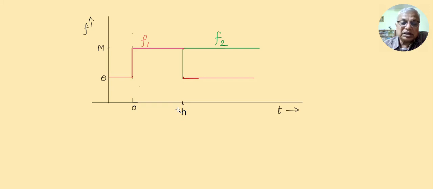After time t greater than h, we know the value of the function is 0, right? So this is the value of the function for time t greater than h. But what will be the equation for that? Can we get an equation for this value from these two graphs, from these two functions?